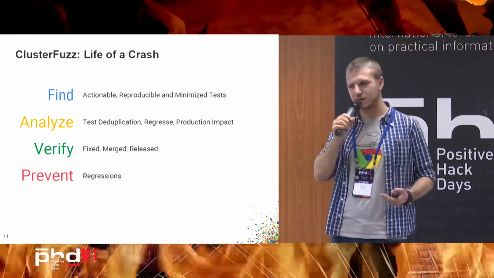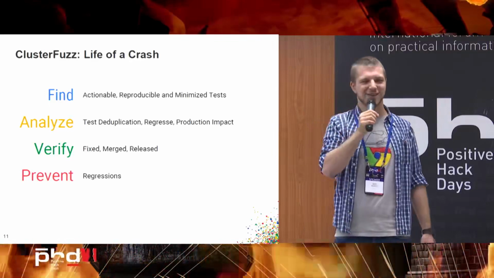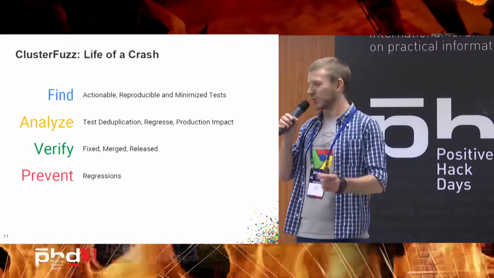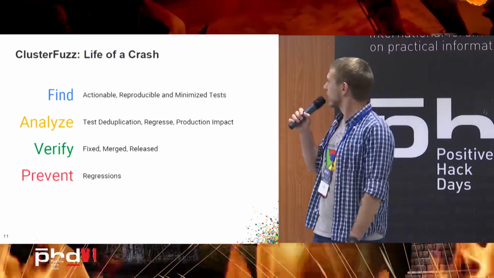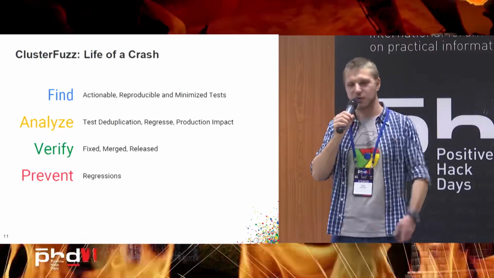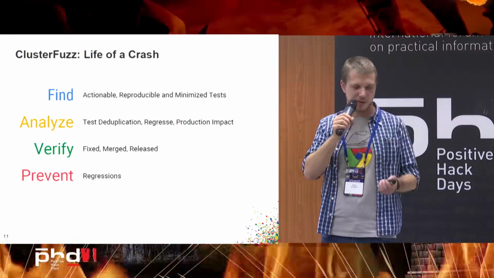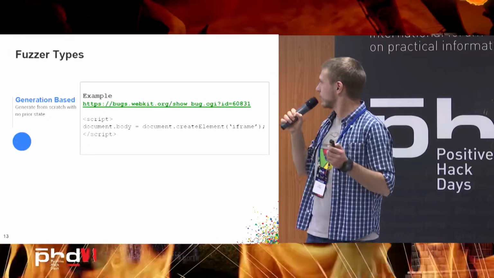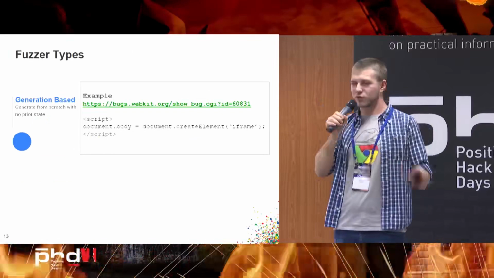So then we do analysis, we do deduplication of test cases, because when you have 12,000 cores, very often you will find the same stuff, and you can't really sort them out manually, so you need to distinguish between them to identify the unique ones. After they've been fixed by the developers, make sure that all the fixes have been replicated, so to speak, and then you just manage the versions.